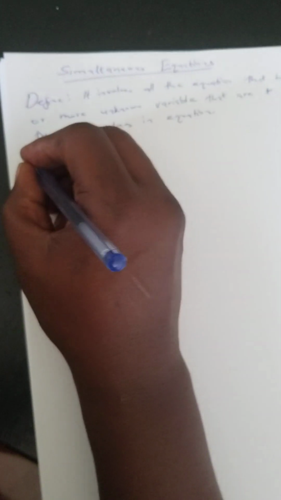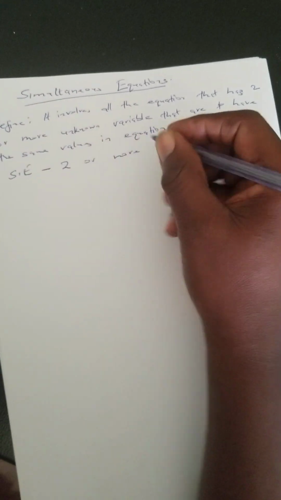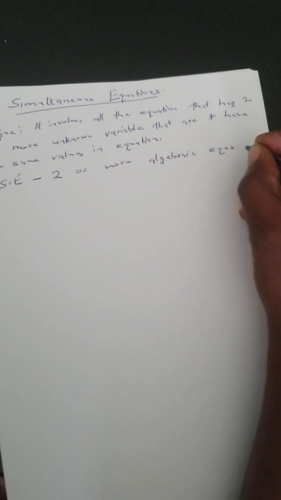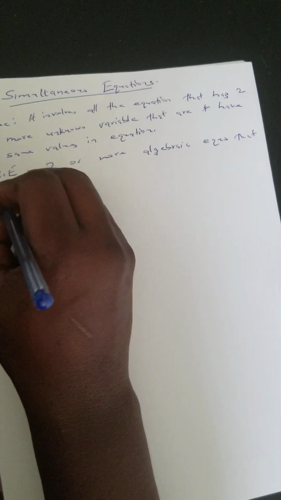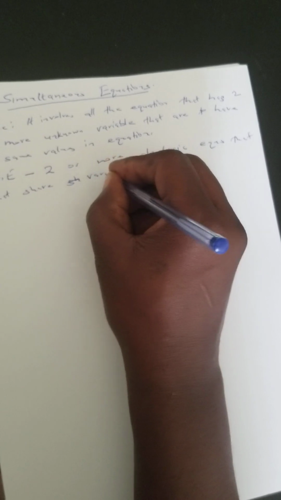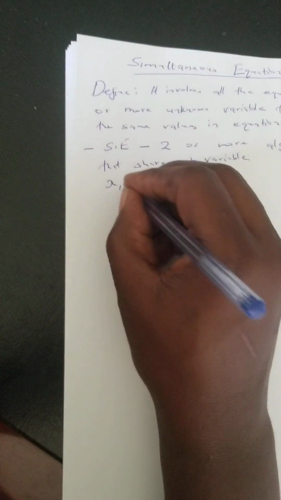So we are saying they are equations that have two or more unknowns that are to have the same values. In other language, we can say that simultaneous equations have two or more algebraic equations that share the same variables. Examples of variables are x, y, or z.